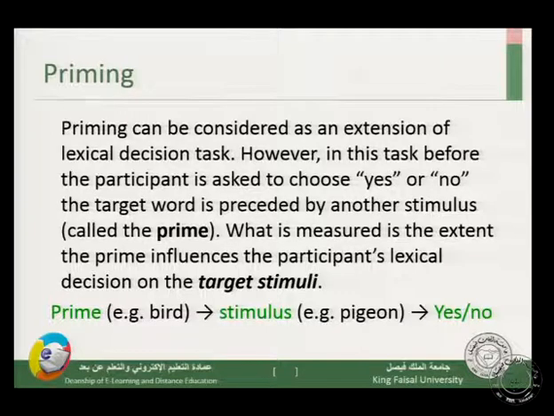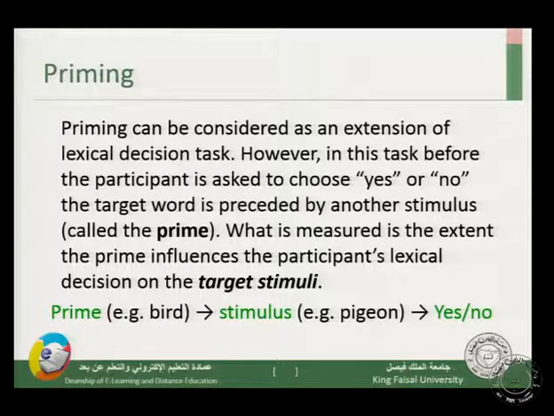The prime is bird. So the pigeon is one kind of bird. He is given a prime, which is, for example, bird. Then the stimulus, which is, for example, pigeon. Then the respondent has to decide whether the word pigeon is an English word or not.